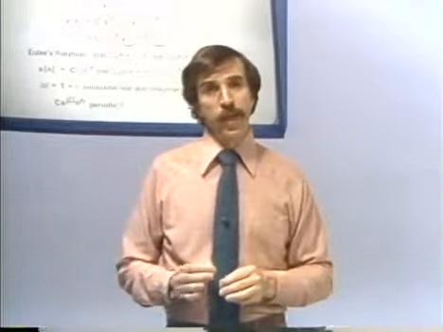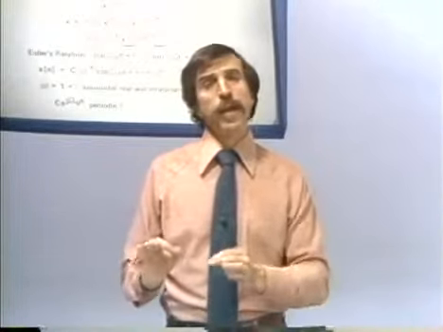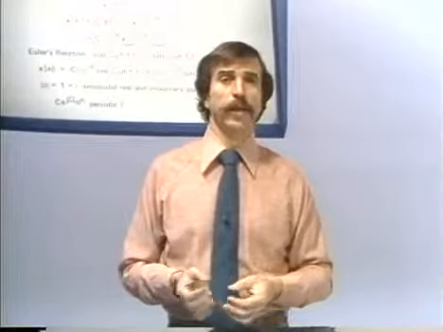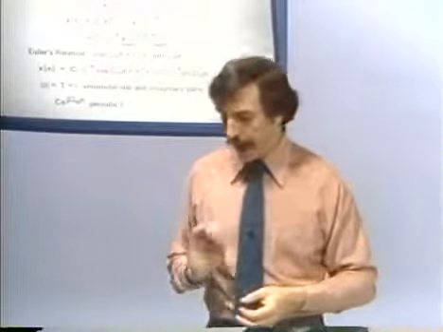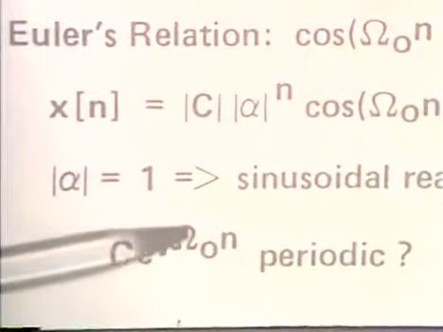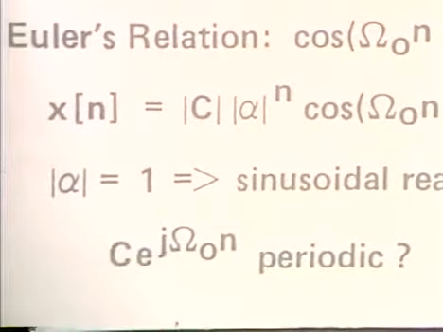In the discrete time case, we know that the sinusoids may or may not be periodic depending on the value of omega 0. And so, in fact, in the discrete time case, the exponential e to the j omega 0 n that I've indicated here may or may not be periodic depending on what the value of omega 0 is.